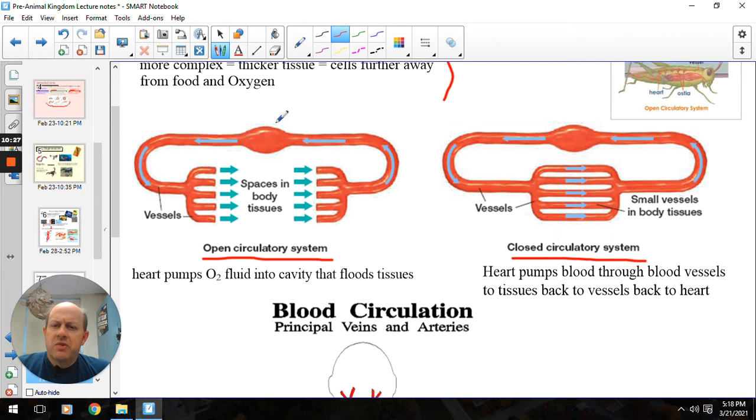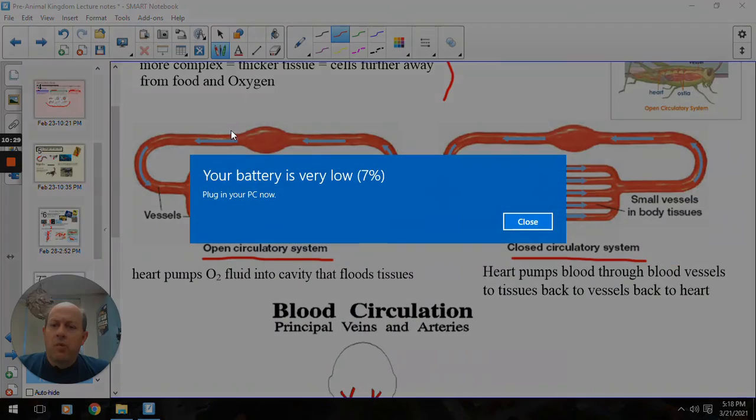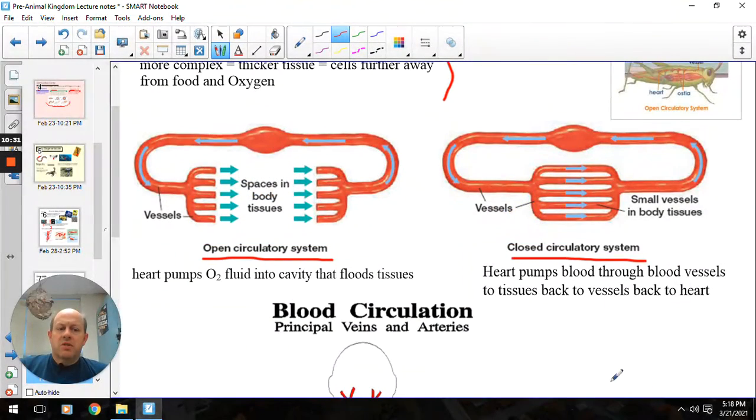Open's not nearly as efficient, so the heart will pump the blood-like substance, and that will allow the blood to be just kind of pumped throughout the open cavities of the body. In this case, you may be putting some oxygen in there or you may not be. It kind of just depends on the luck of the draw of the cells.